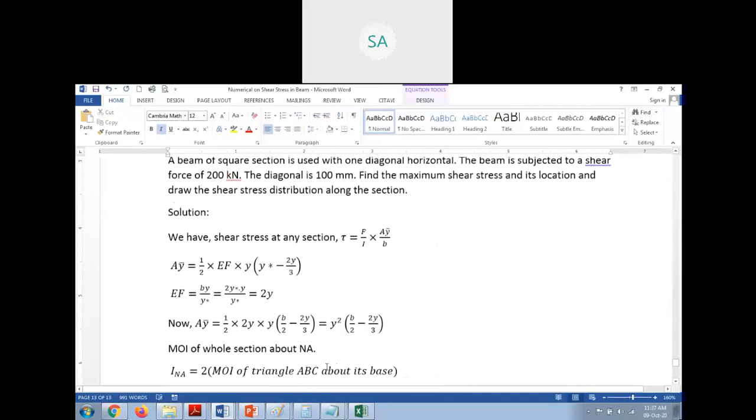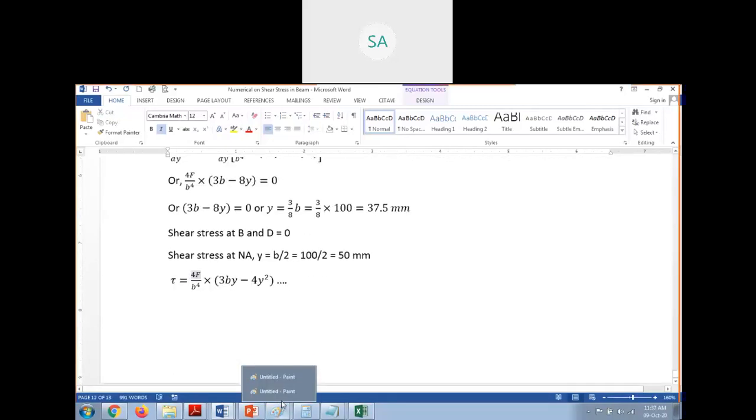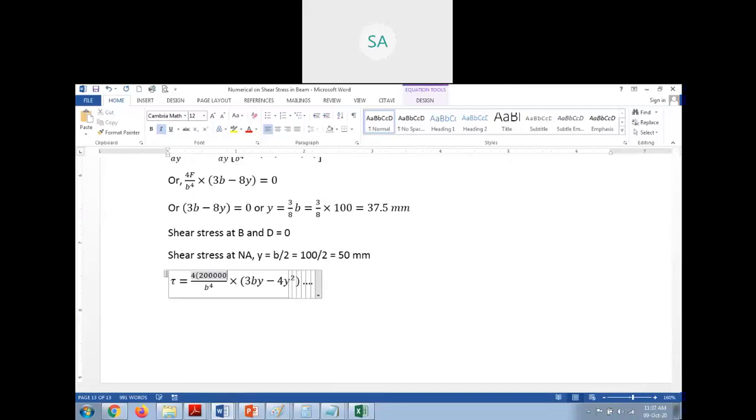What is f here? F is 200 kilonewton, so 200,000, and b is 100 mm, so 100 raised to 4. Again here b is 100, y will be 50, and this y is also 50, right?